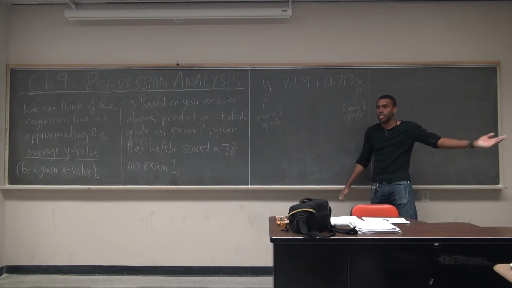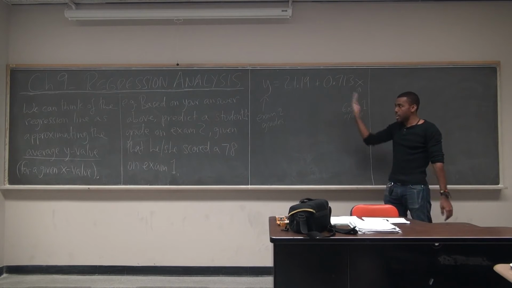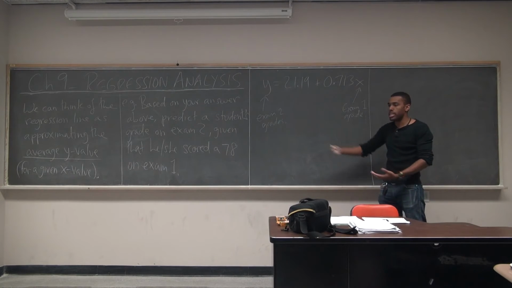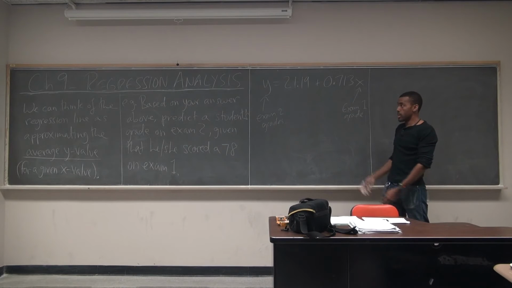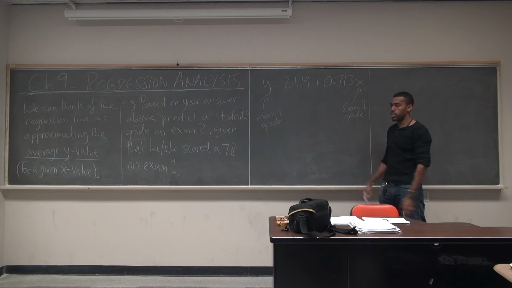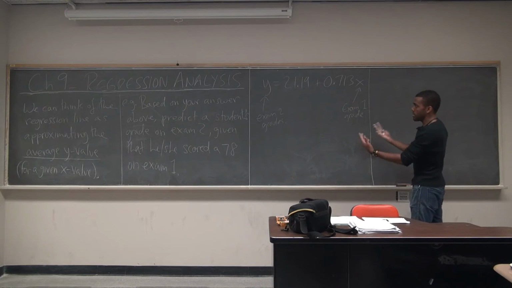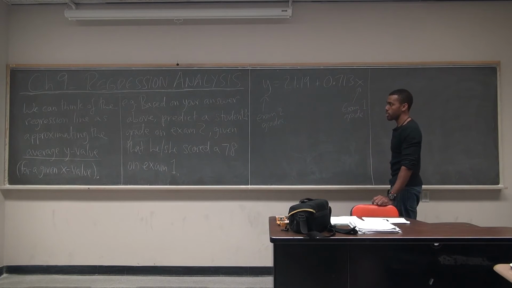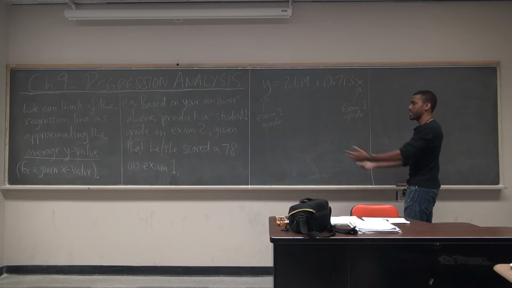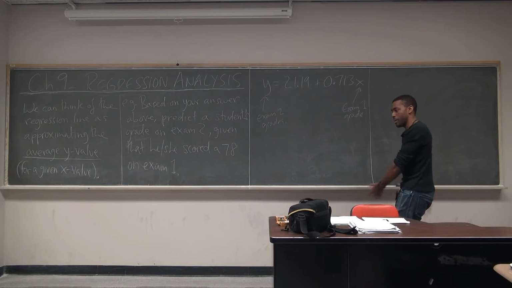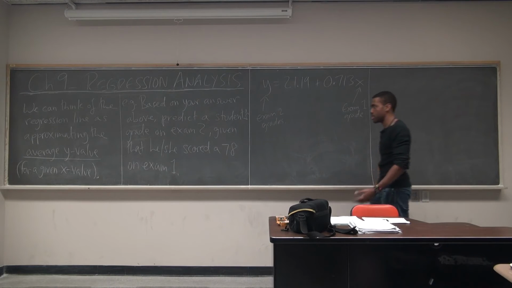In the same way, I can't predict anything about exam 3. I have no data, no history about exam 3. So I can only use my prediction to talk about exams 1 and 2. I have to have data on the thing I'm predicting already, because we're assuming that things will happen in the future as they have happened in the past. That's an implicit assumption.